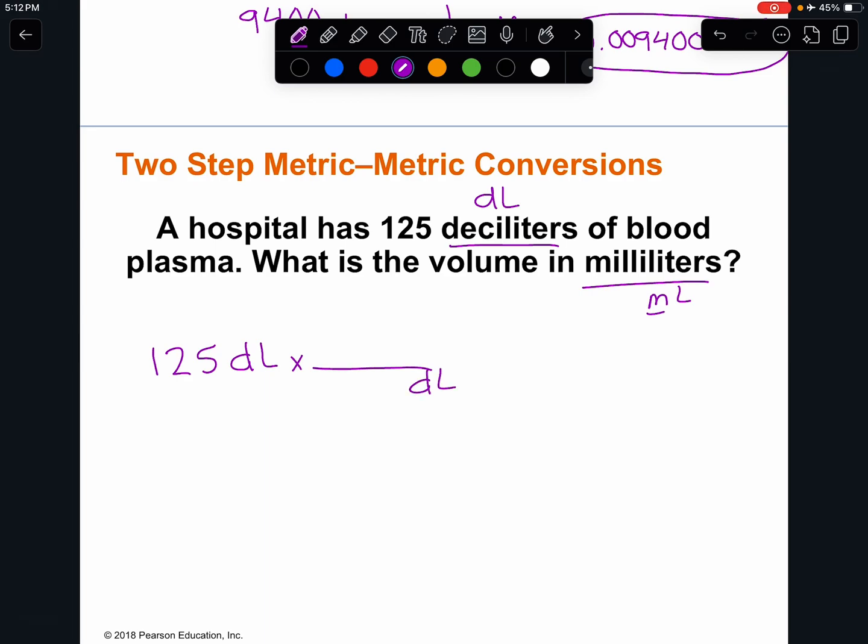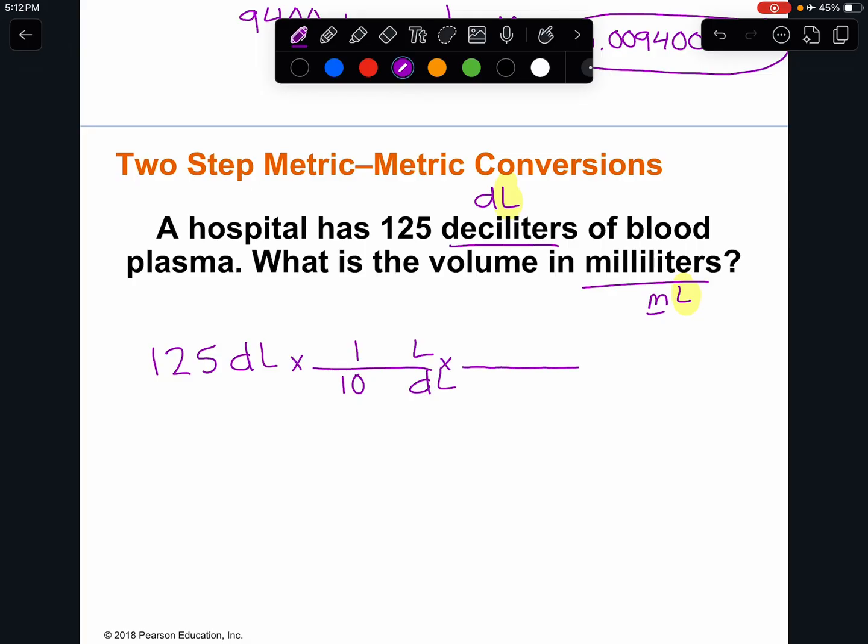Now, when we do this, we again start with what we're given, put it on the bottom, and what we're going to do is go to the base. The base is the unit that is the same between both prefixes. So both of these contain liters, so we're going to go to what we call an intermediate, which is the base unit without a prefix. All right, so in 1 liter, we have 10 deciliters.